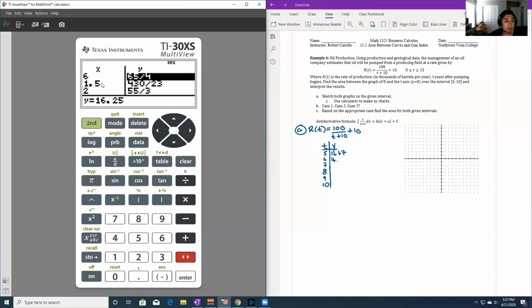Type in 7, let's do that. I'll do 7, 8, 9, just to get this going. 270 over 17, or 15.88. Go down to 8, 140 over 9, or 15.56.